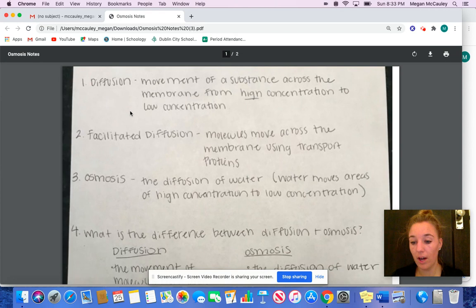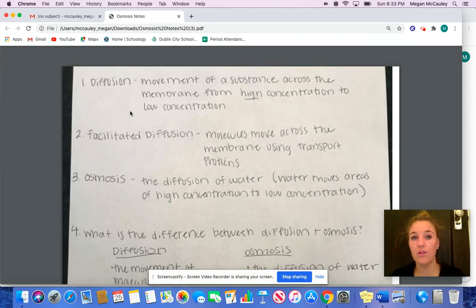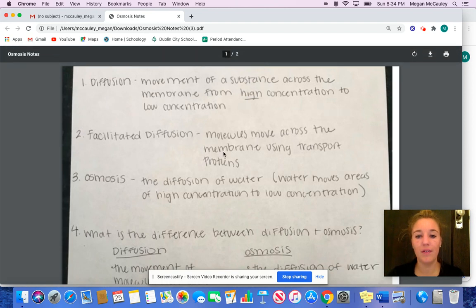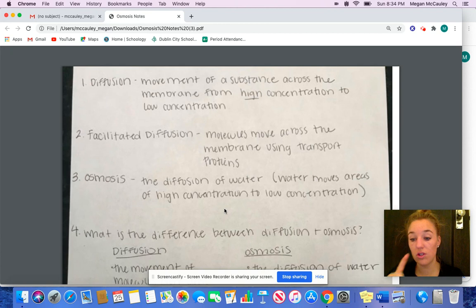So diffusion is what we talked about this past week, right? The starch and iodine lab. That iodine moved through the cell membrane, aka the dialysis tube, and into the dialysis tube, and mixed with the starch. Okay, this is called diffusion. It is the movement of a substance across the membrane from a high concentration to a low concentration, right?